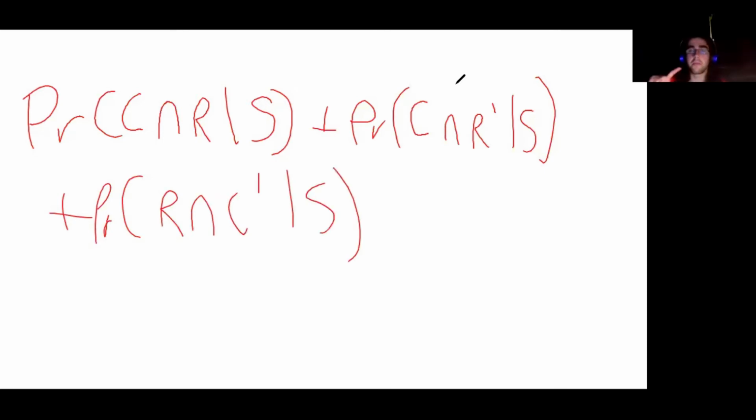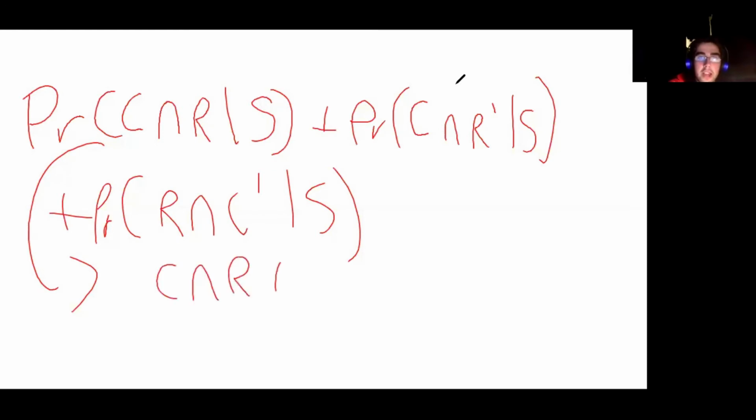Now, let me just point this out to you. These events are independent. That's important, because let's say if we use this as an example, what we're going to end up doing, we find the probability of both and S divided by S, right?